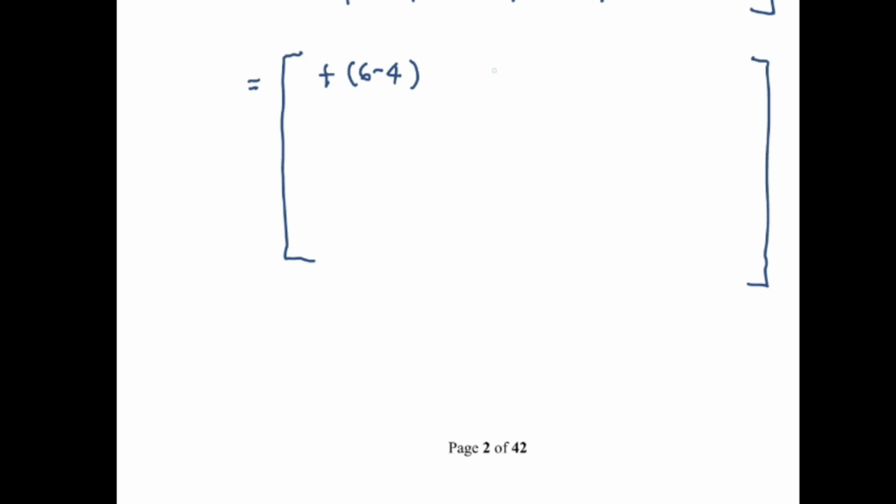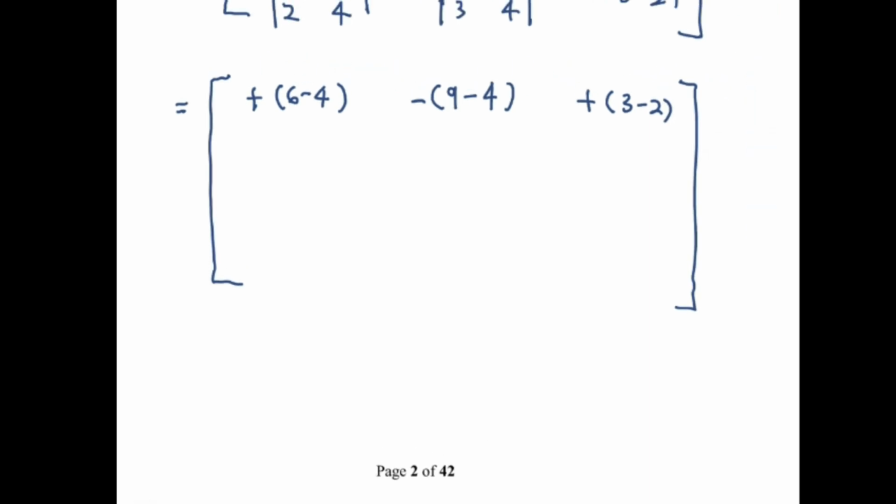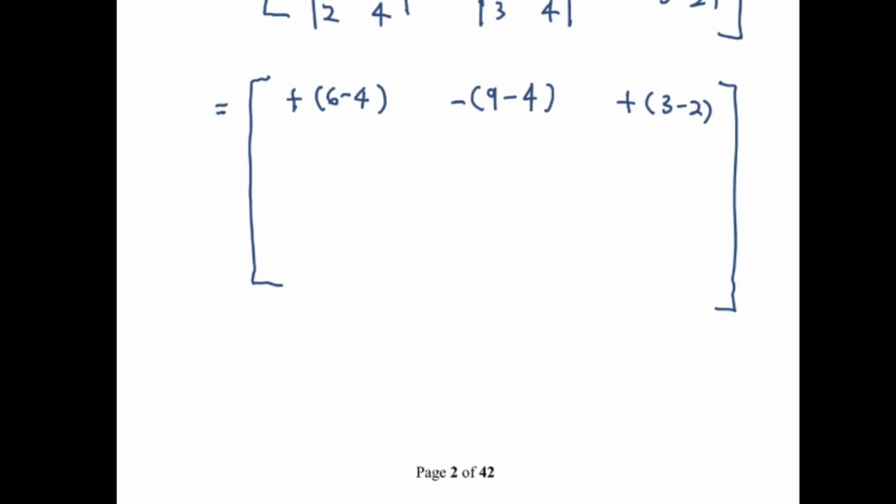And then here, negative 9 minus 4. Here, positive 3 minus 2. For the second row, negative 6 minus 3.